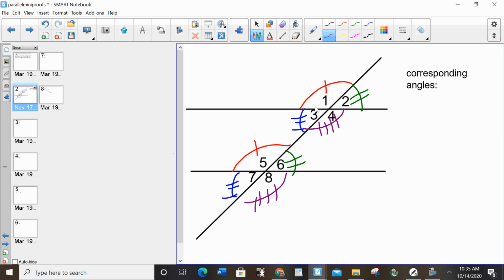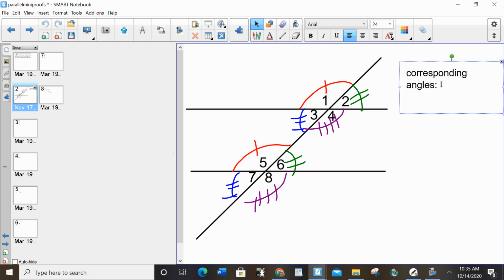So my pairs of corresponding angles are 1 and 5, 2 and 6, 3 and 7, 4 and 8.